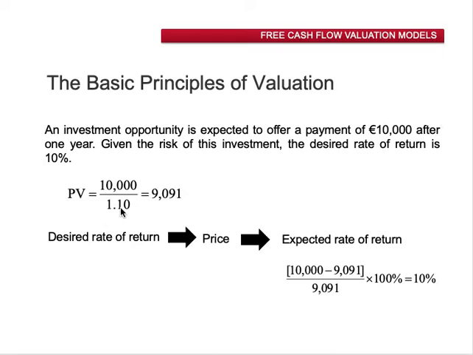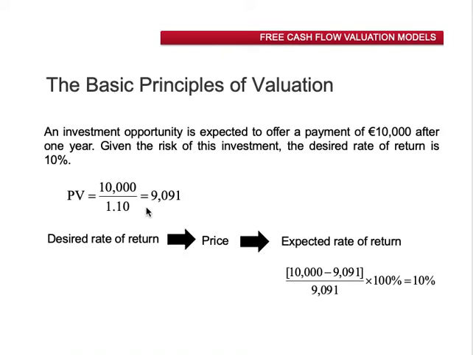The cost of capital is 10%, so we're going to discount the 10,000 with 1.10 to the power 1, because it's 1 year, which gives us a present value of 9,091. So the present value of 10,000 today is 9,091. So the 9,091 is the equivalent value today of receiving 10,000 after 1 year.